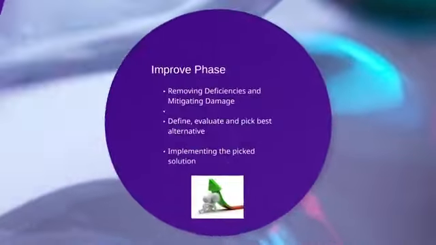The next phase is the improvement phase. This phase is about removing the deficiencies and mitigating the damage. Here we can use the systematic layout planning method, and it uses project management tools in defining, evaluating, and picking the best alternatives. And of course, implementing the best picked solution, as we will discuss later throughout the methodology phase of the project.